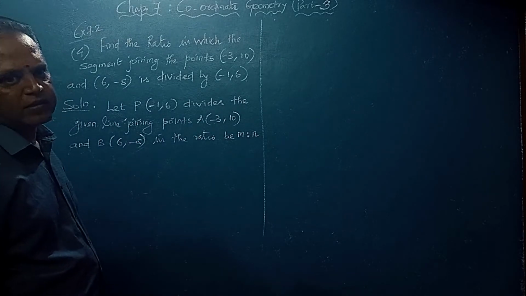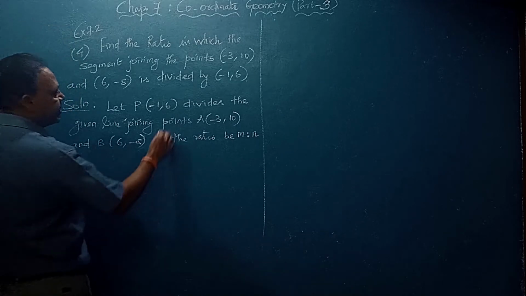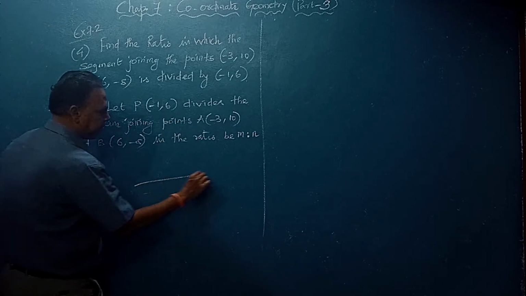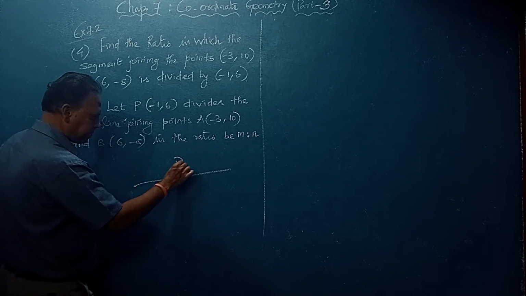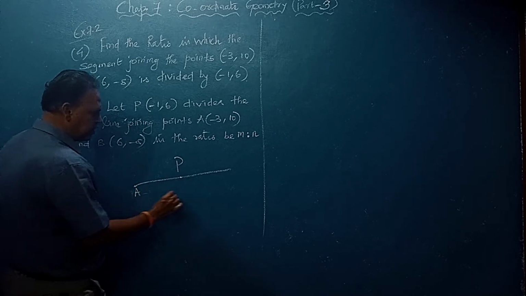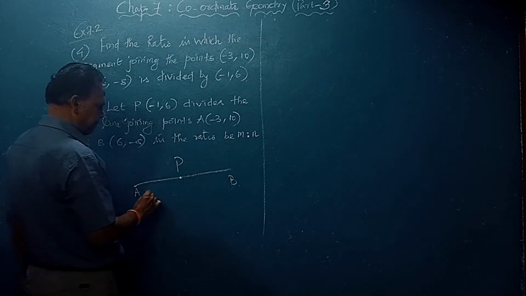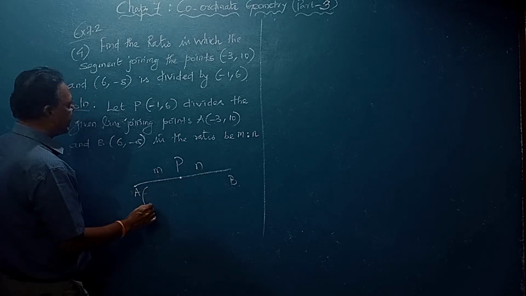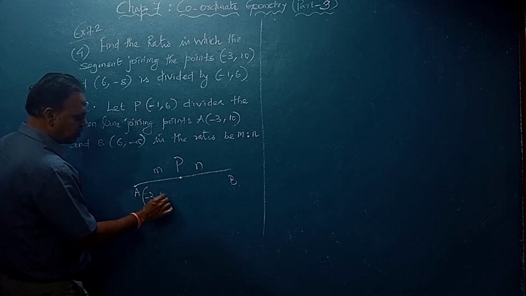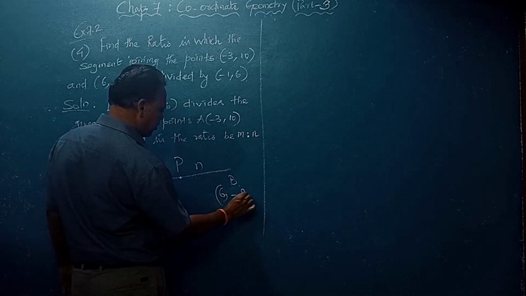That is standard. Here you draw the diagram now. P divides AB in the ratio m is to n. So A you write minus 3, comma, 10, B you write 6, comma, minus 8.